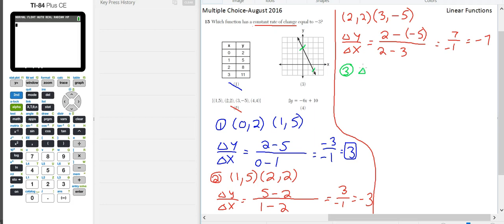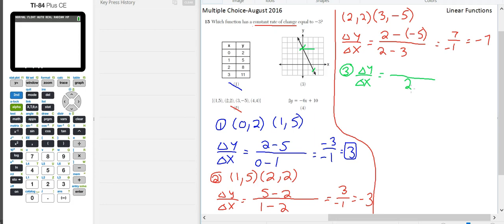We want to find delta y over delta x, the change in the y values over the change in the x values. We're first going to find our change in x values and put it in the denominator. We choose the point at the top, and move as many boxes as we can to the right until we're over the coordinate on the bottom. We move 1, 2 to the right, so our change in x values is 2.